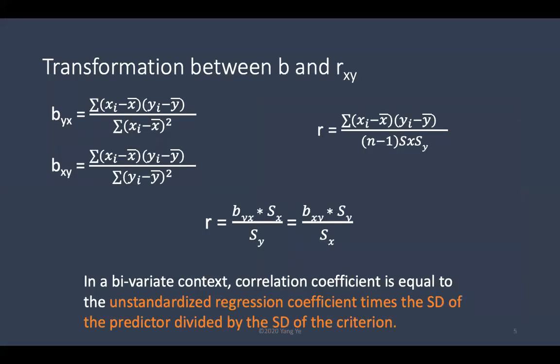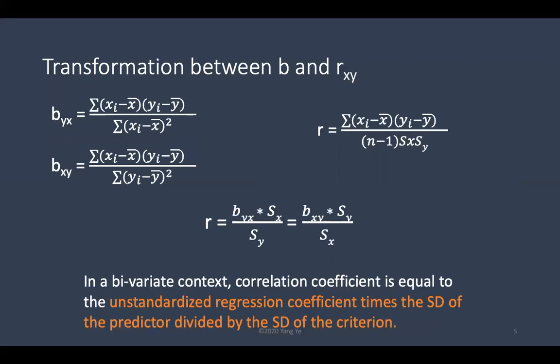We talked about how b and r are connected. You can see these are just the equations of b and r. The transformation between r and b in this case is quite straightforward.